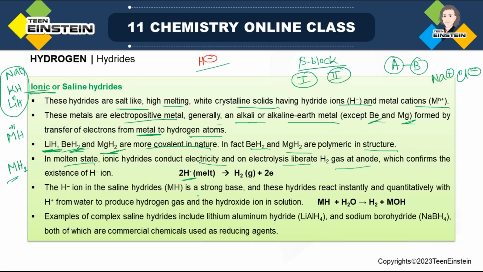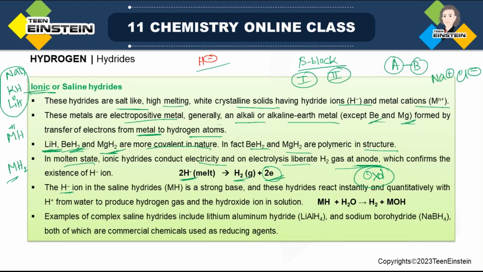So from this anion H minus, they can liberate an electron, and now H2 is produced. So the electron is removed from H minus, and this reaction occurs at the anode. We know at the anode oxidation occurs, so H minus is oxidized to H2 and releases an electron.